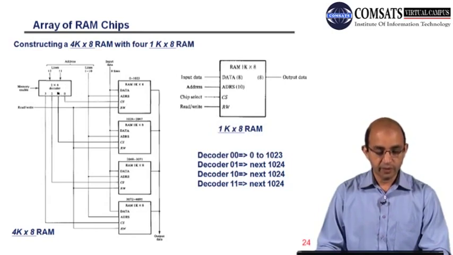When I have 01, 1 is enabled here, 1 is active here, and this chip is selected. If we have 10, this is selected, others are inactive. With 11, this chip is selected, others are inactive. And these are the address lines.